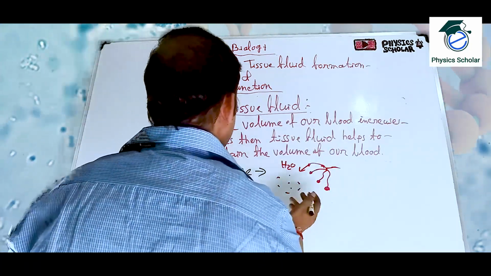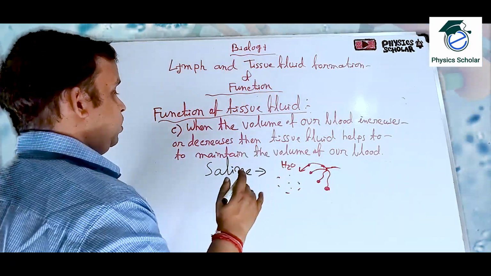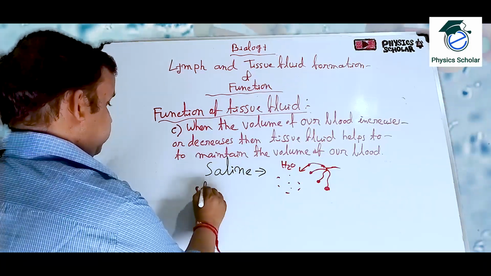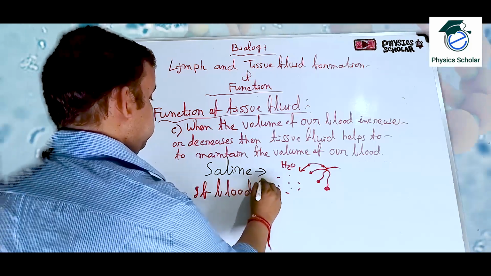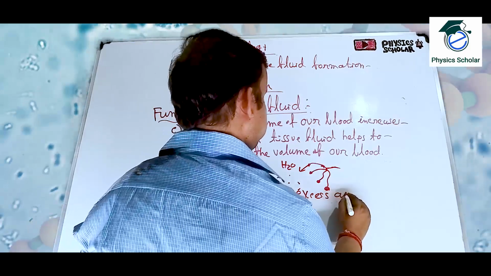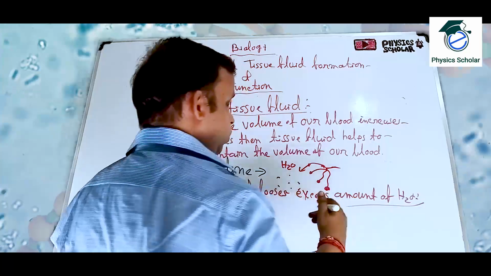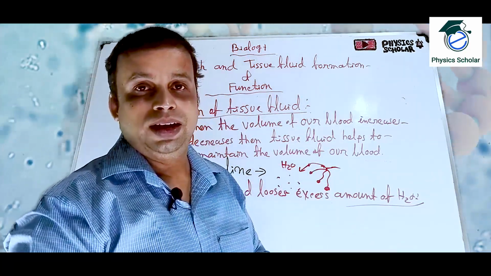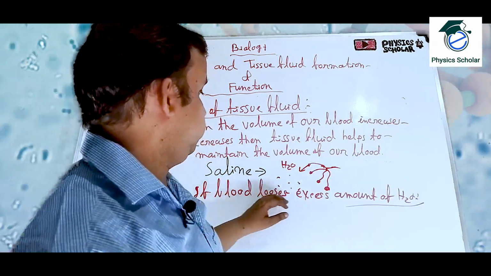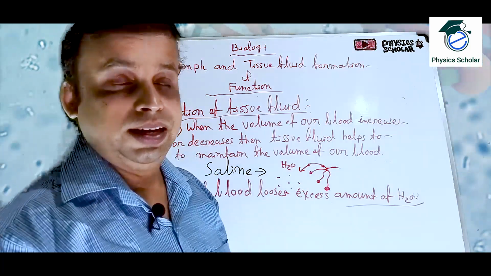Now, when the blood loses an excess amount of water, what will happen? If the blood loses an excess amount of water due to dehydration, or due to any injury the blood actually passes out, or is destroyed, then there is a scarcity of water in the blood.